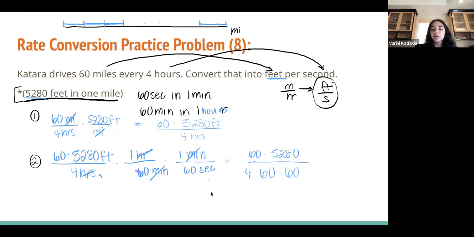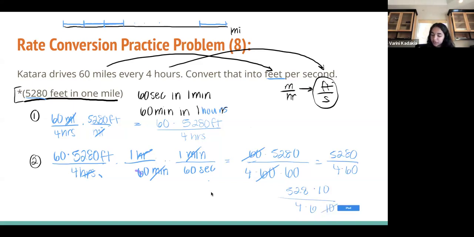So if we were to try to solve this without a calculator, look at how easy it'd be. You just divide, you get rid of the 60s. So then you're left with 5,280 divided by 4 times 60. Okay, so we can actually rewrite this as 528 times 10 over 4 times 6 times 10, right?